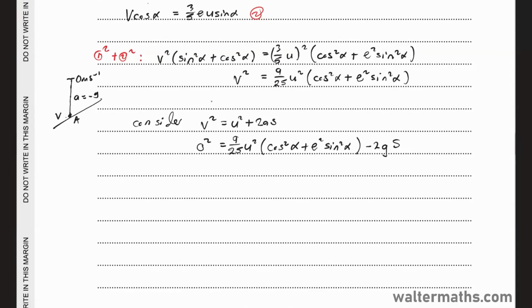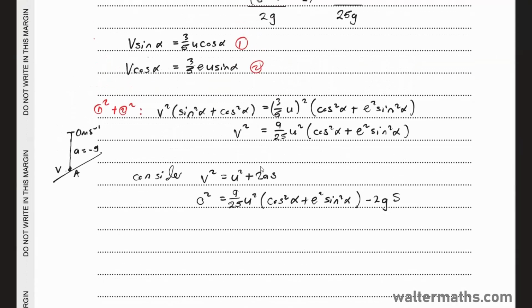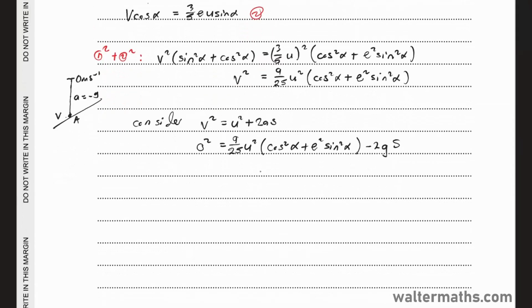That's the height we're looking for, with which it goes to its maximum. So with this, we are saying 9/25 u squared (cos squared alpha plus e squared sin squared alpha) is equal to 2gs.